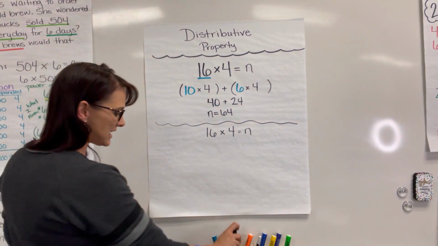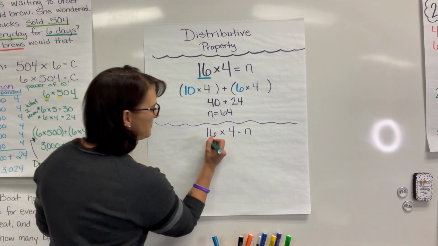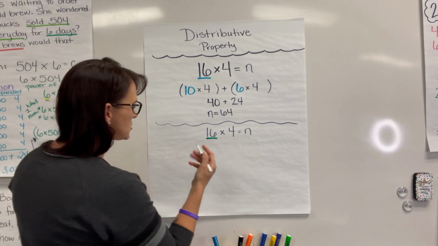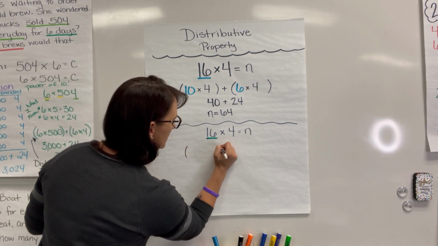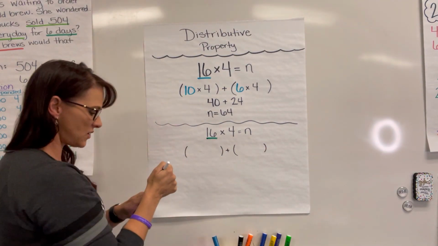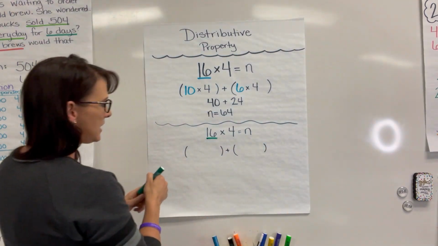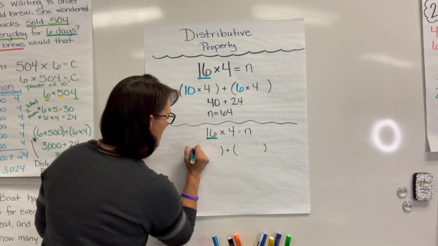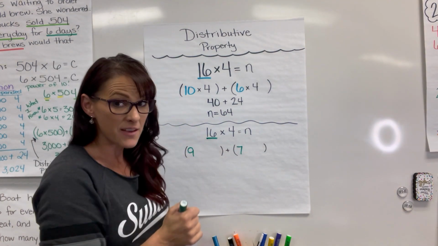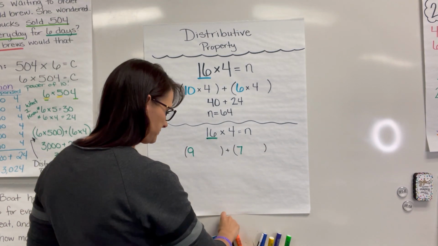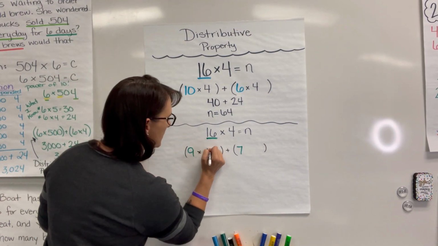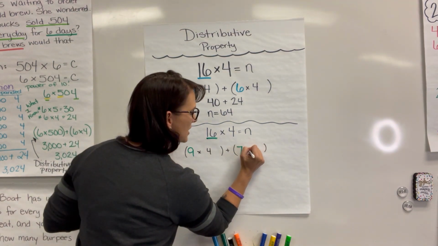So I'm going to take 16 this time, and I am going to break it up into 9 plus 7. Okay, so I'm going to take 16 and I'm going to say 9 plus 7, because 9 plus 7 does give me 16. 9 times 4 and 7 times 4.